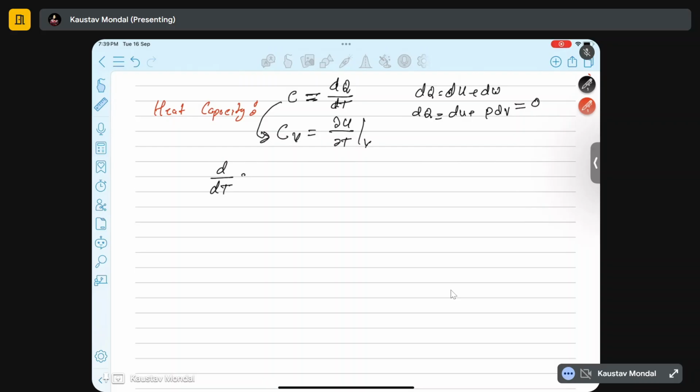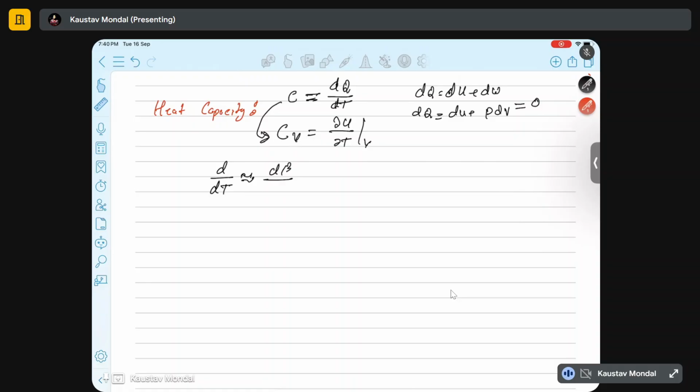The reason we are doing this simplification is just to make the calculation a bit easier. Since all the thermodynamic quantities so far we have written in terms of beta, not explicitly in terms of temperature, it would be beneficial to write the derivative also in terms of beta. You can write d dT as del beta del T into d by del beta.